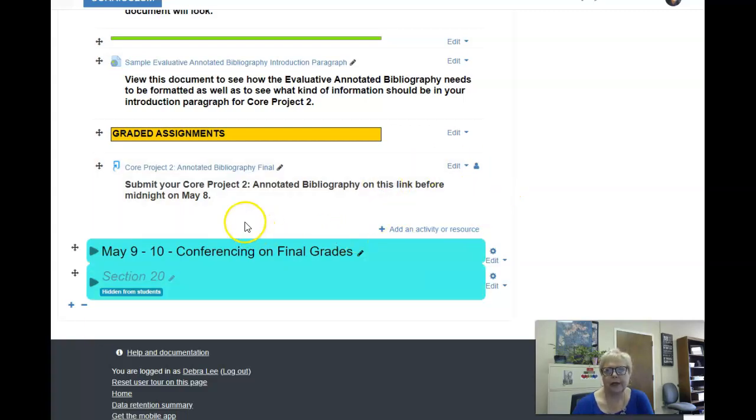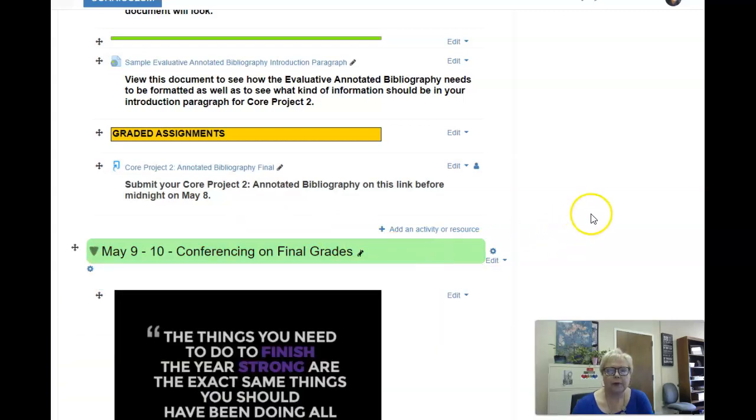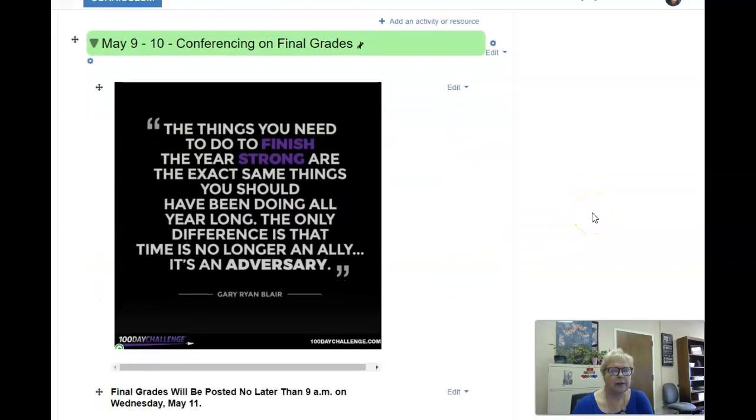Yeah, we do that to make the number of classes work out right for the different ones. But anyway, this is where you'll submit it, and you do have to have that turned in by midnight on May the 8th, because then I'm going to be grading them, averaging grades, and putting in my final grades. If you want to contact me during those first 2 days of the next week, you certainly can do that.